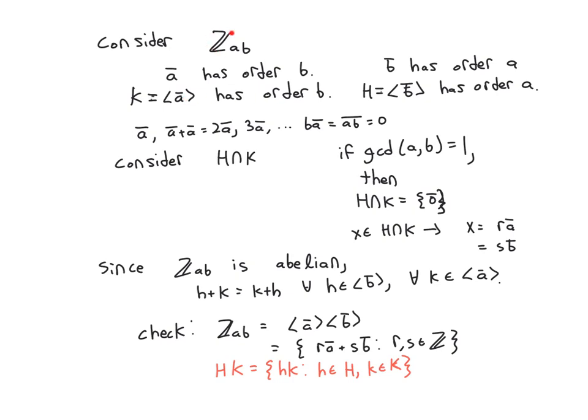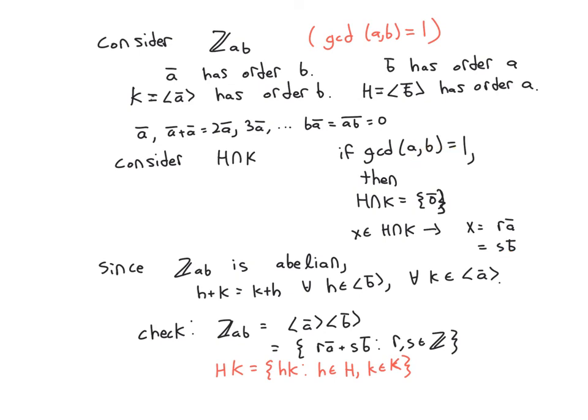I claim that Z mod AB is actually the internal direct product of these two subgroups. Well, let's check the intersection condition. Oh, and here I should point out the assumption we're making. A and B are relatively prime. So let's look at this intersection. An element in here would be something that's a multiple of both A and B. So that means it'd have to be r times A bar, equal to s times B bar.